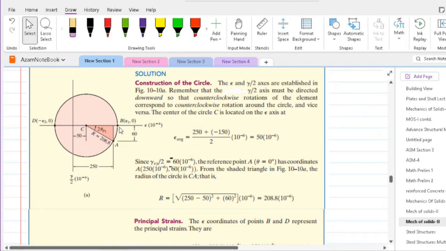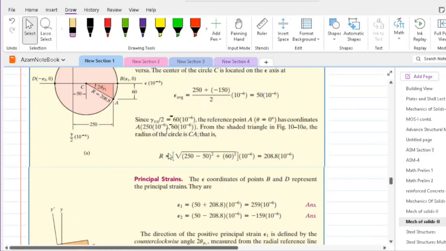We can determine the principal strains using trigonometry. Thus, epsilon 1 will be equal to 50 plus the radius 208.8, and we will get 259 into 10 raised to power minus 6. Epsilon 2 will be equal to 50 minus 208.8 into 10 raised to power minus 6, and that will come out to be minus 159 into 10 raised to power minus 6.